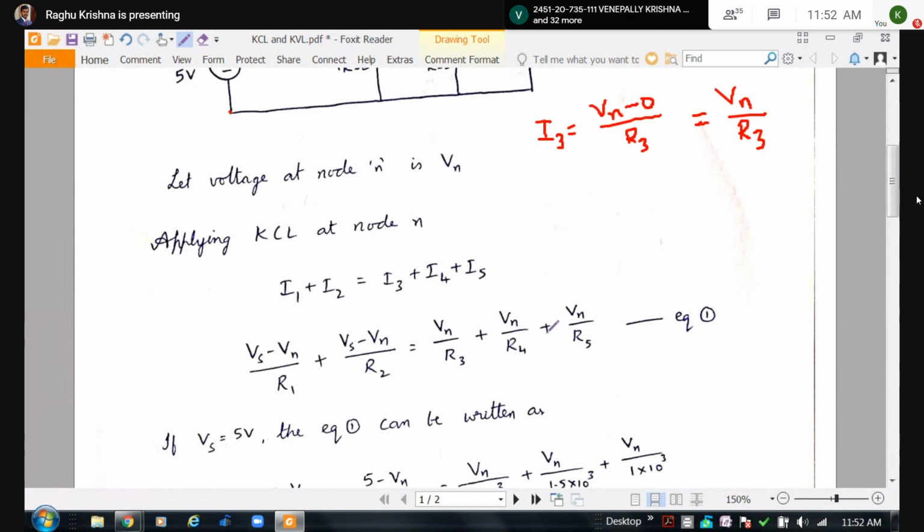Suppose Vs equals 5 volts. Substitute Vs equal to 5 volts in the above equation, so you are going to get this.